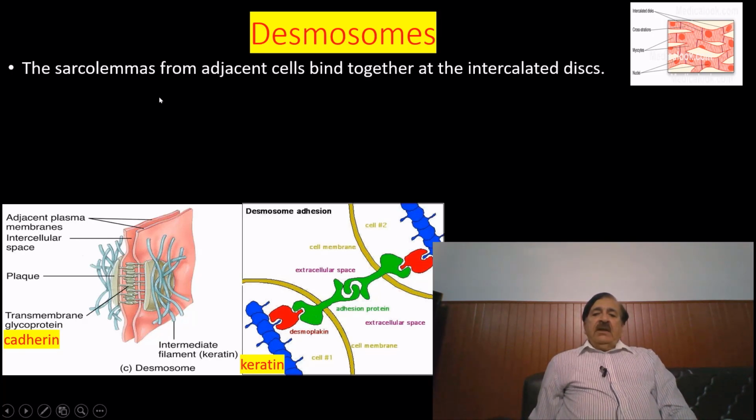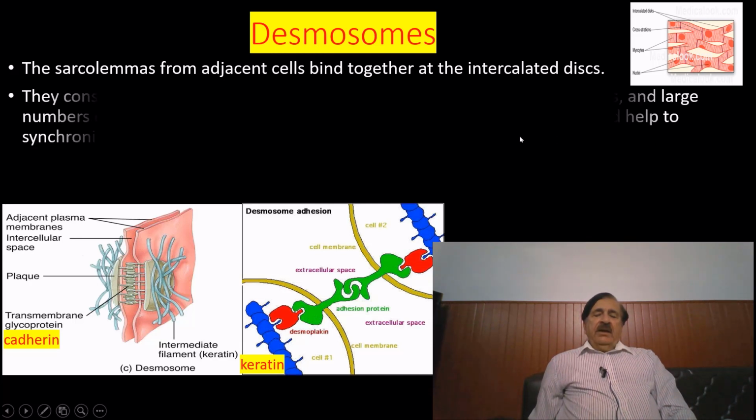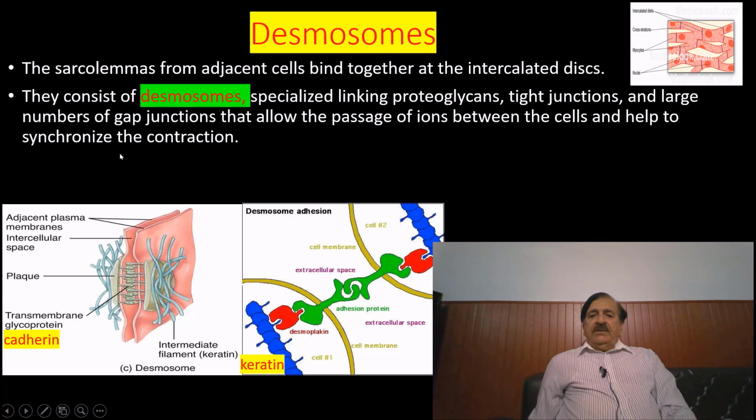Desmosomes. The sarcolemmas from adjacent cells bind together at the intercalated disc. The two cardiac cells join with each other at the site of the intercalated disc.